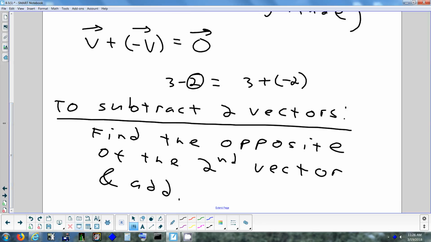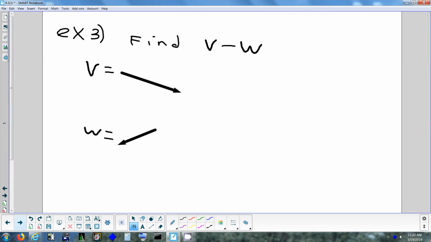Before we go through an example, any questions on the idea? So we're going to take the second vector, flip it around, and then do addition just like we always do. Okay, so let's try v minus w. First thing is I just want to think of v minus w a different way. I want to think of it as addition.